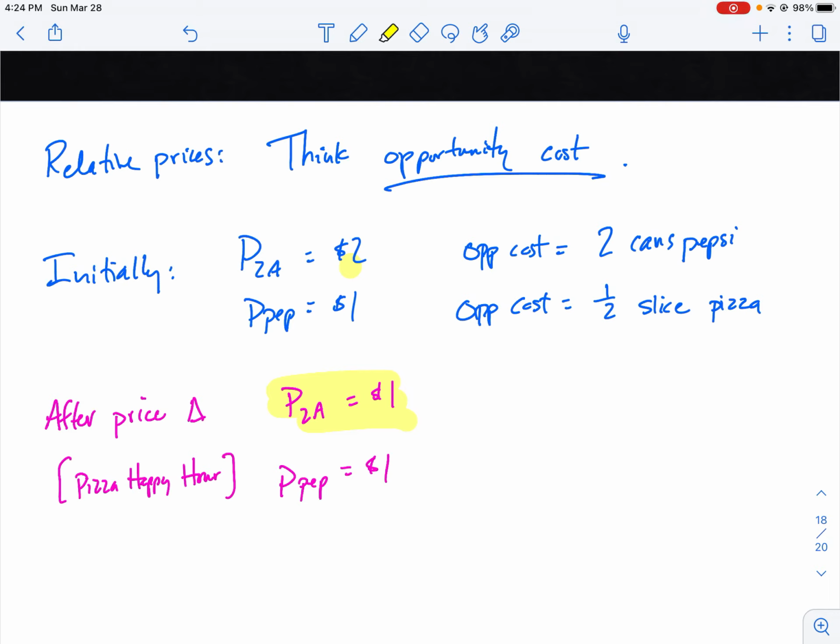But what about the relative price? Let's think here in terms of relative price. Think about the opportunity cost. The opportunity cost of a slice of pizza during happy hour, or after the price change, is how many cans of Pepsi?